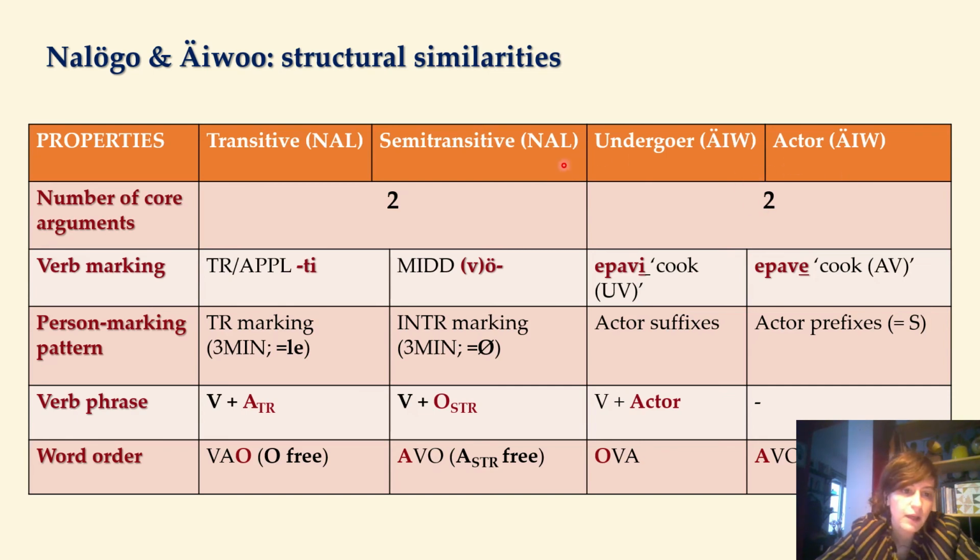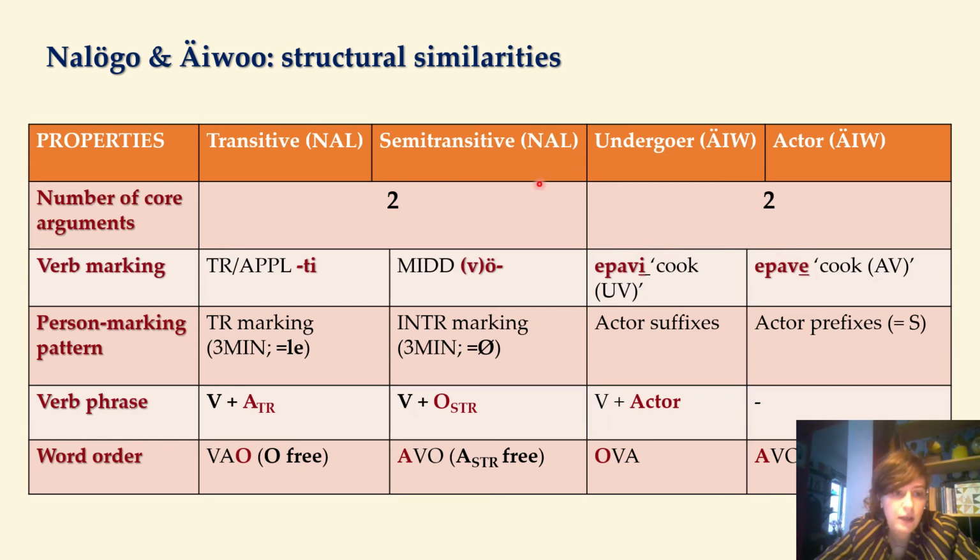In terms of verb marking, Nalogo has a transitivity-based system, with valency changing devices depending on the verb that occurs in these constructions. And this is different from Aiwoo, which has verb roots with alternating verb forms depending on the voice in which the verb occurs.